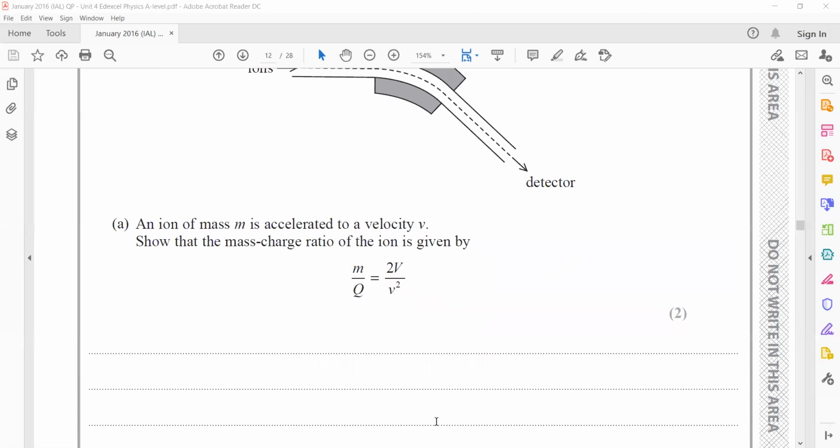As we know, we are accelerating the charge by using the electric field. So we can say electrical energy is equal to kinetic energy.